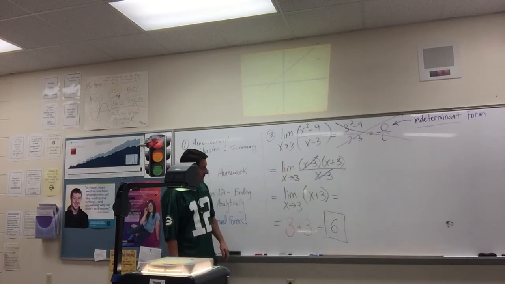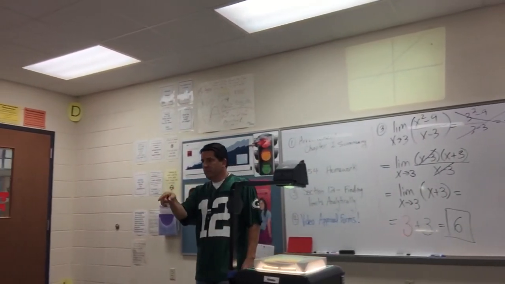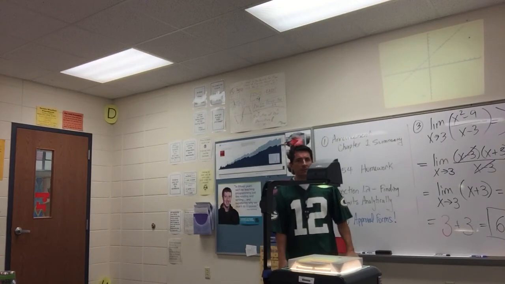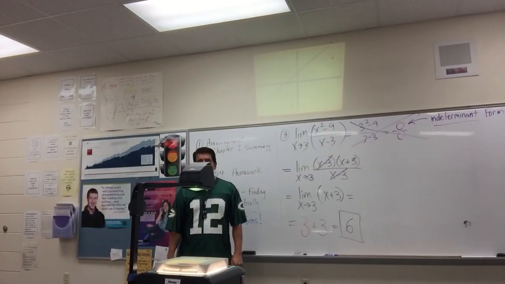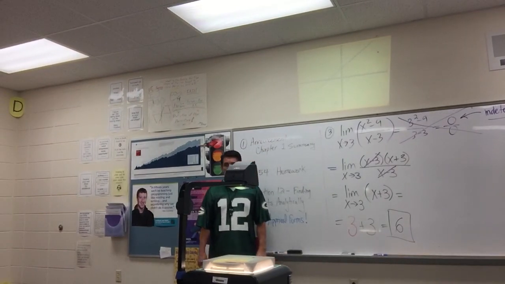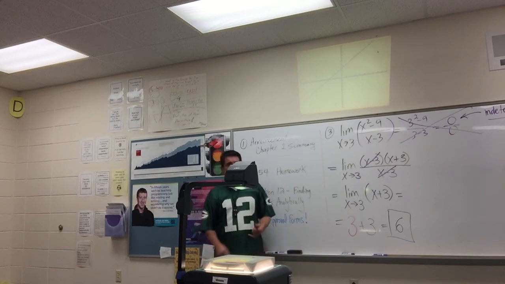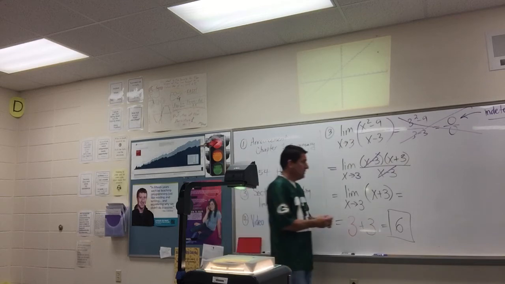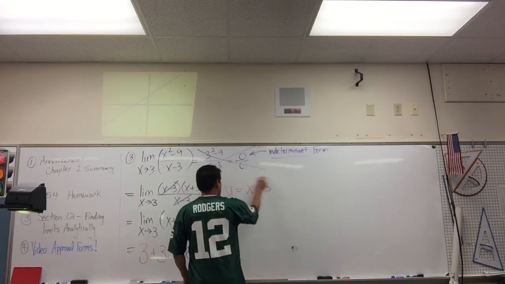That line right there, take a close look at it, and in your head, what is the equation of that line? Just by looking at the slope and the y-intercept. Looks like it's got a y-intercept of 3 and a slope of 1. So the equation is really y equals x plus 3.